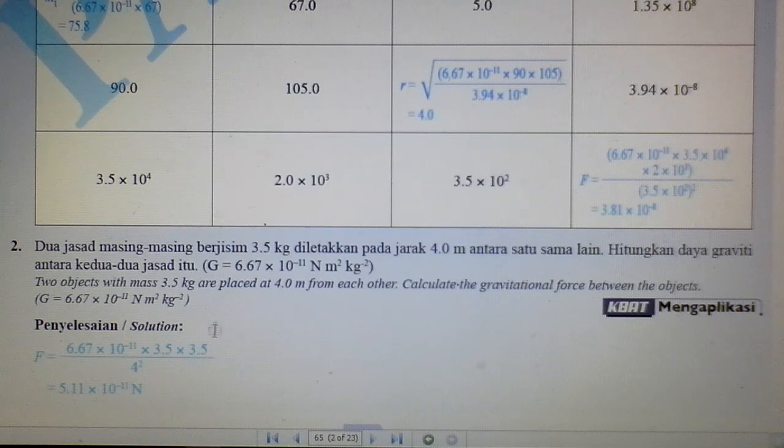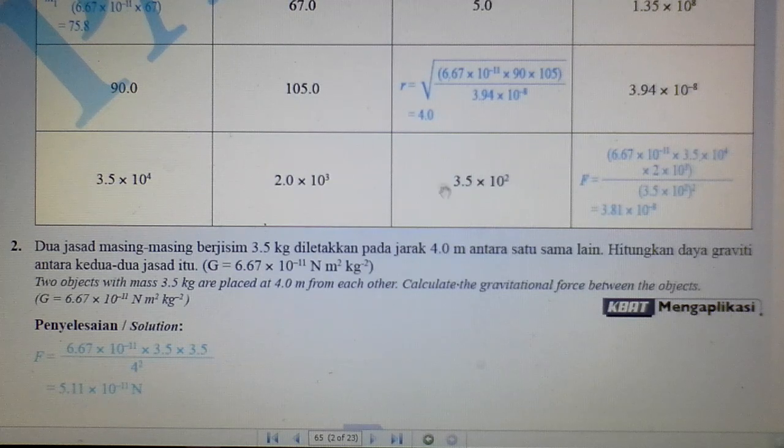You just list down all the information given: m1 is 3.5 kilogram, and this one is the same mass, so m2 is 3.5 kg. They are placed 4 meters from each other, meaning r equals 4 meters. Substitute, and you get the answer 5.11 times 10 to the power negative 11 Newton.